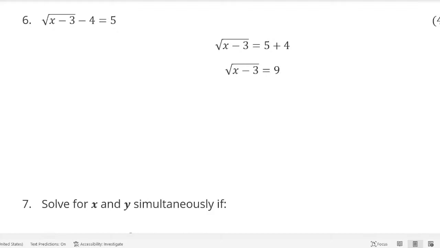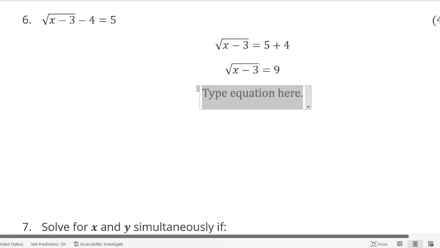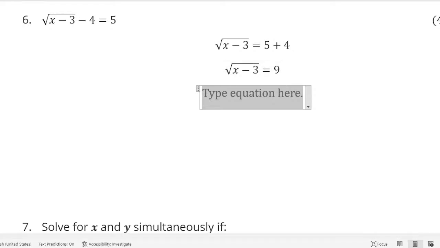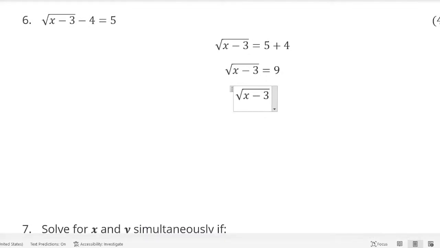Then we're going to square on both sides because we want to remove the square root sign. When you are removing a square root sign, you must remove it by squaring. So here we have x minus 3, let's put it inside brackets, all squared.